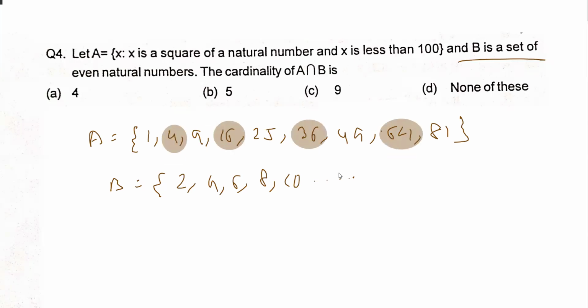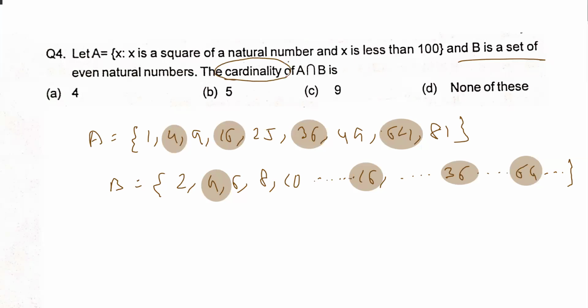Among these, we can figure out that the common elements are 4, 16, 36, 64. So number of common elements: 1, 2, 3, 4. So A is the correct answer for this.